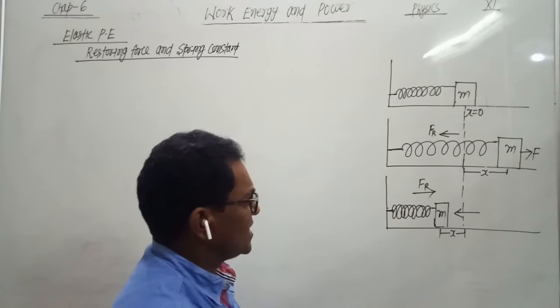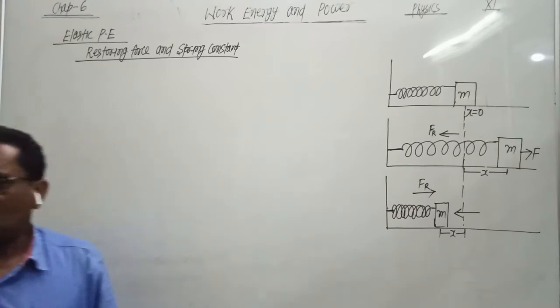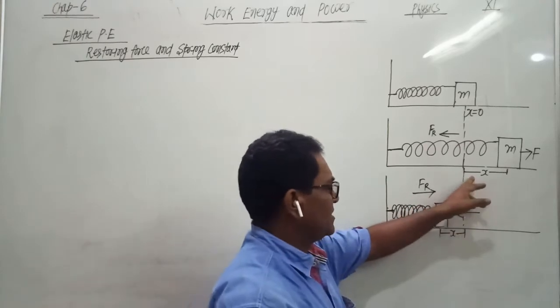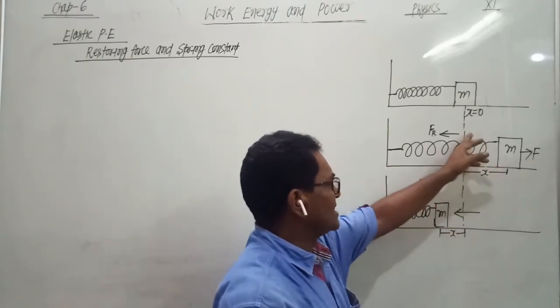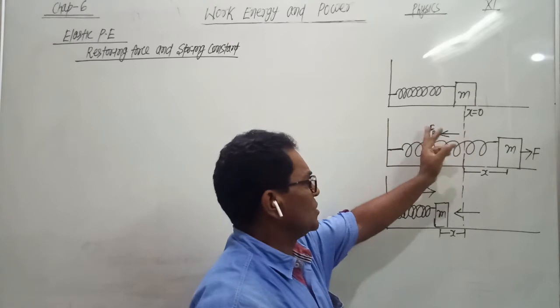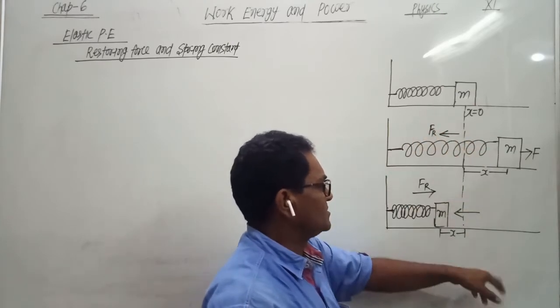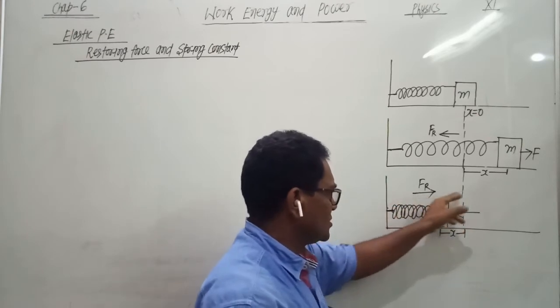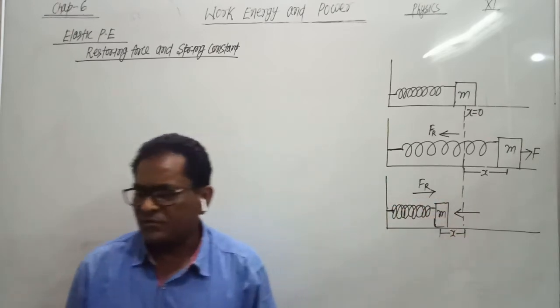Restoring force is always opposite to the displacement. Here the displacement is in forward direction, so the restoring force is opposite to the displacement. Here the displacement is in backward direction, so the restoring force acts in forward direction.